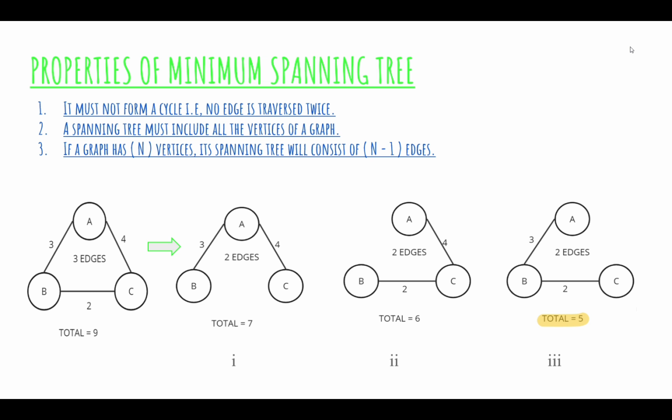There are two types of algorithms to find the minimum cost spanning tree: Kruskal's algorithm and Prim's algorithm. First, we will discuss Kruskal's algorithm. Kruskal's minimum spanning tree algorithm connects all the vertices of a graph with the minimum total edge weight while avoiding cycles.